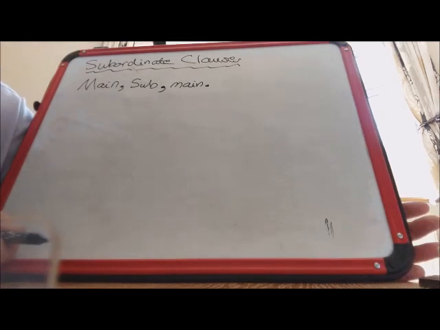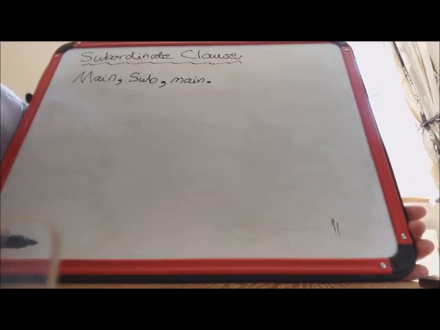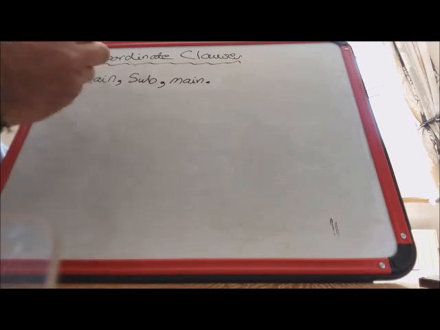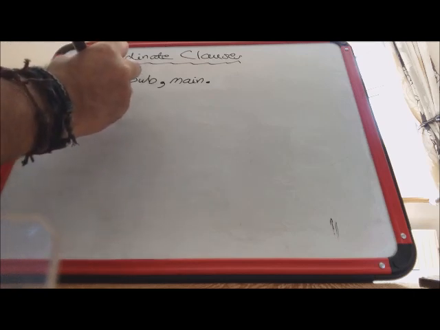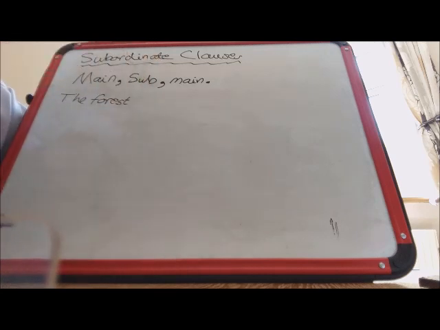Okay, so now we're on to the shared writing part of the lesson, and I think I'm going to write about a forest, something like that. So let's think the forest. Now the first thing to do, I suppose, is to think about all the things that we could imagine.